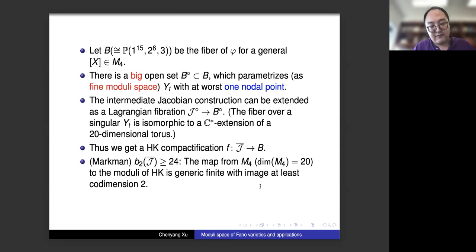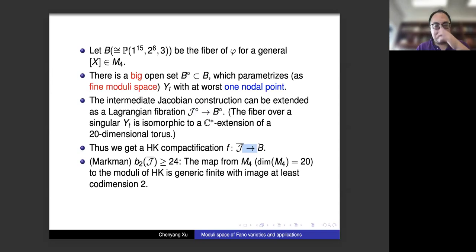So in other words, we prove over this B0, this Lagrangian fibration J0 satisfies all the assumptions I need to apply the criterion, the proposition. Then we can just use that criterion to conclude we get a HyperKahler compactification of J bar mapping to P.